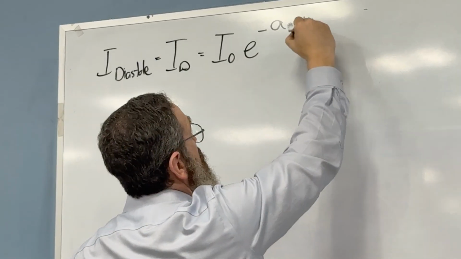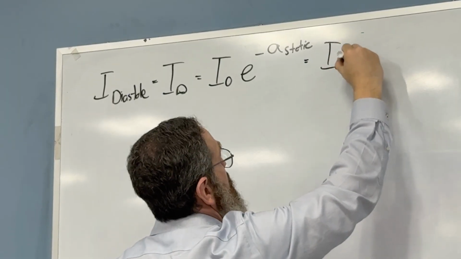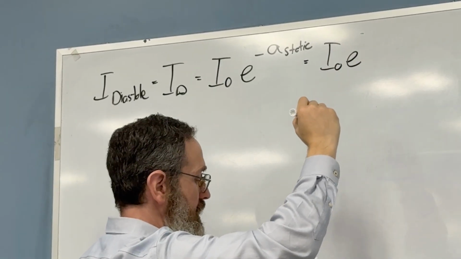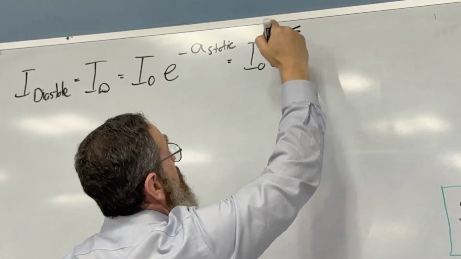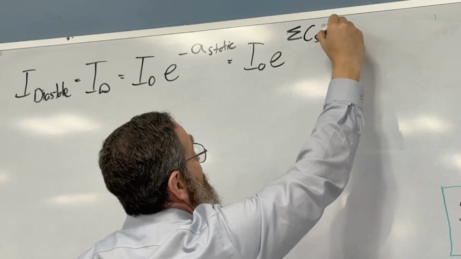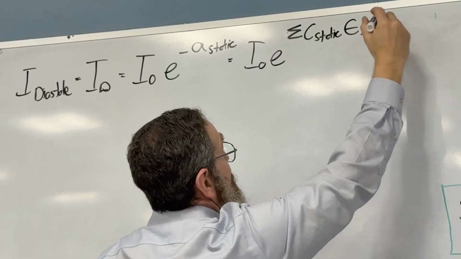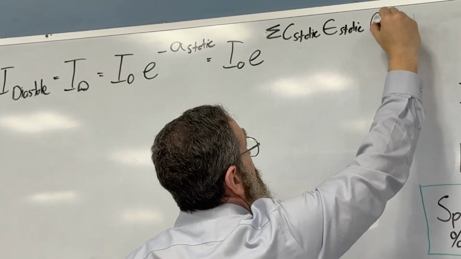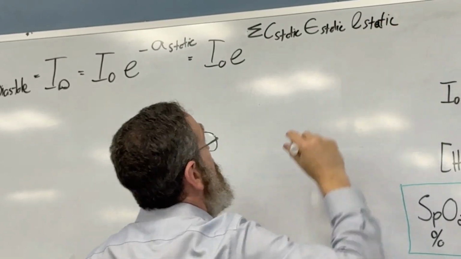And this is equal to I sub 0 times e to the minus the sum of concentration static, lambda static, length static. What does it mean?